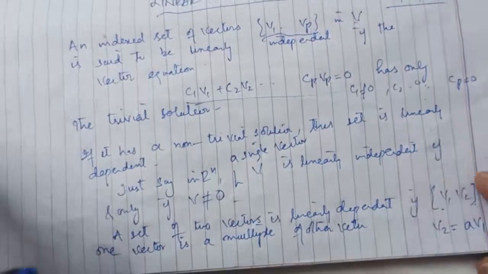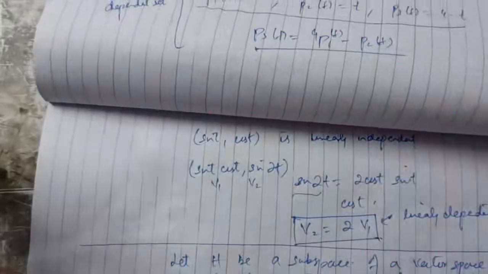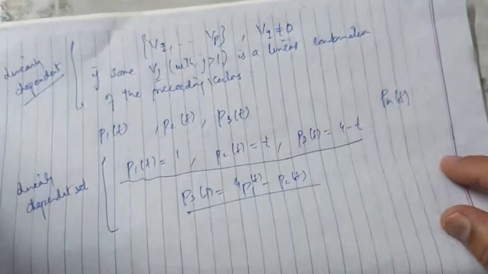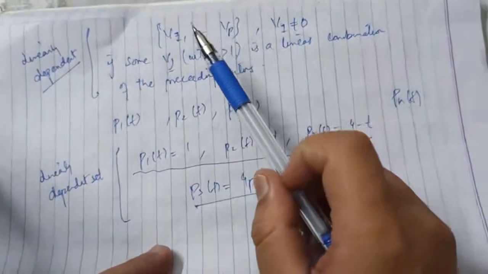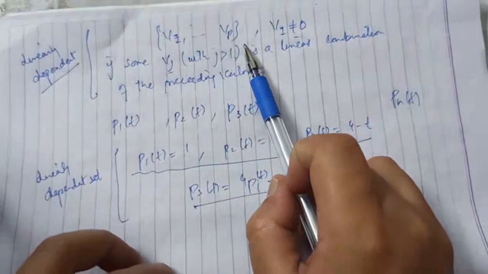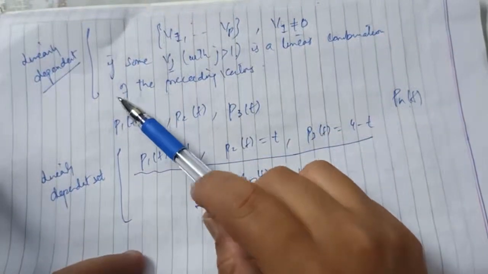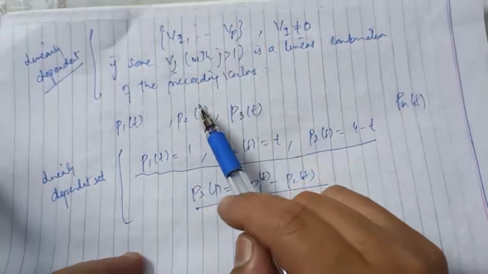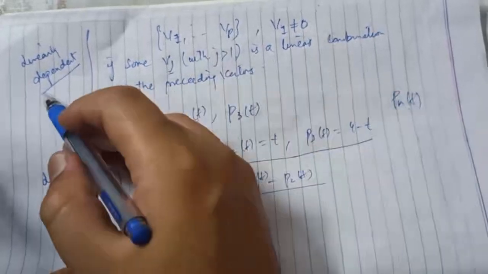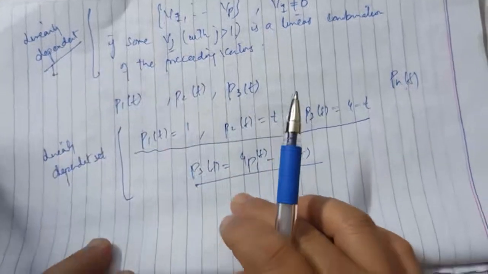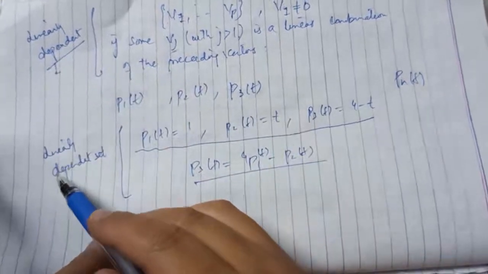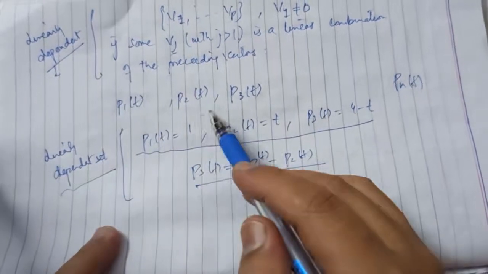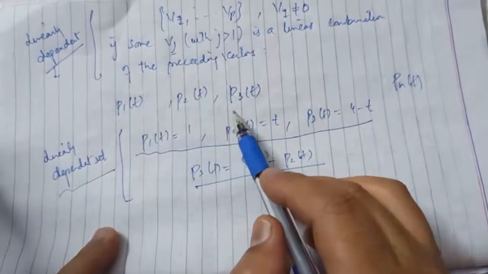Similarly, we can continue this process, and we can say that if v1 to vp is an indexed set of vectors in vector space V, and vj is some vector which is a linear combination of the other vectors, then this is a linearly dependent set.